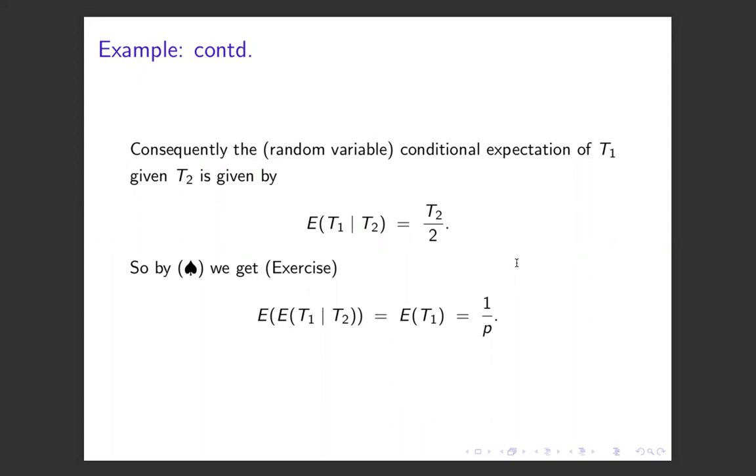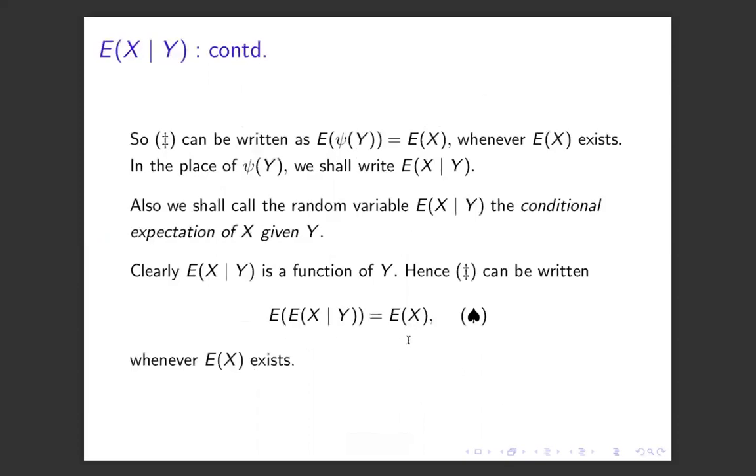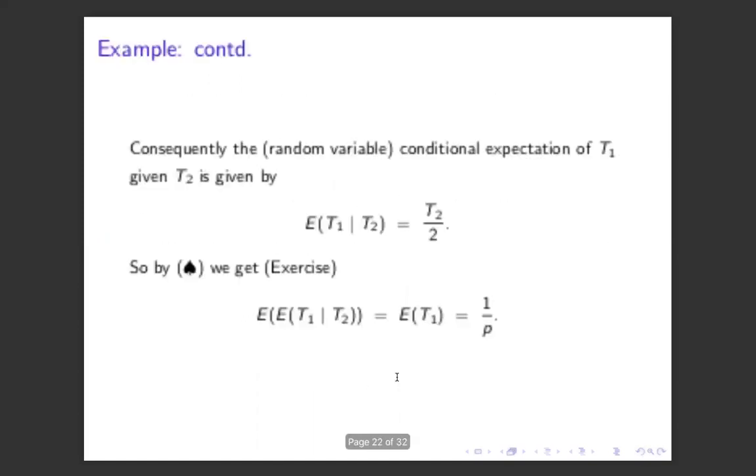So given T2, T1 takes any of the n minus 1 values in a uniform fashion, discrete uniform. So the mean of that is going to be the midpoint, that is half, the average value. And the expectation of T1 is easy to find. From our earlier result, we immediately get it is this. This last equality is an exercise for you.